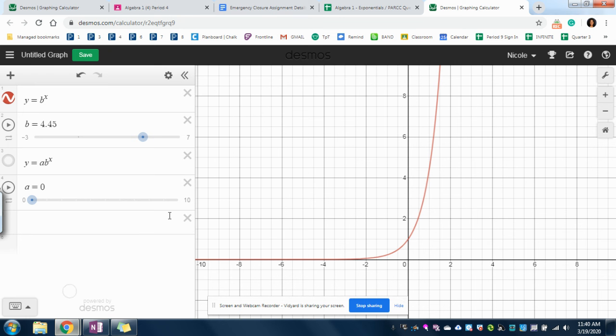So you can even see that here. If b is 0.1, you see it's decaying at a really, really fast rate, versus when it was 0.9, it's decaying at a very slow rate.